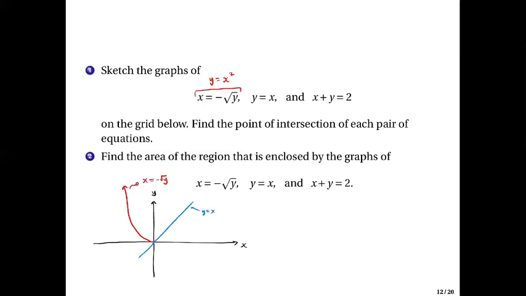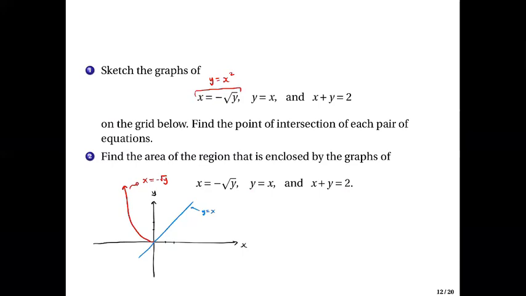And then we have here x plus y equals 2. So let's just get 2 points, and then we connect the 2 points to get the line x plus y equals 2. So when x equals 0, you will have y equals 2. Say this is 1, this is 2, and here we have 1 and 2.